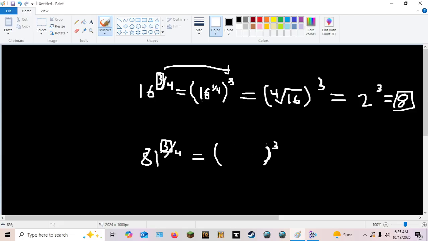This actually equals the fourth root of 81. What is the fourth root of 81 equal to? 3 raised to the fourth equals 81. So that means 3 is the fourth root of 81. Which means the parentheses disappear. 3 cubed equals 27. That's it, guys. Bye.